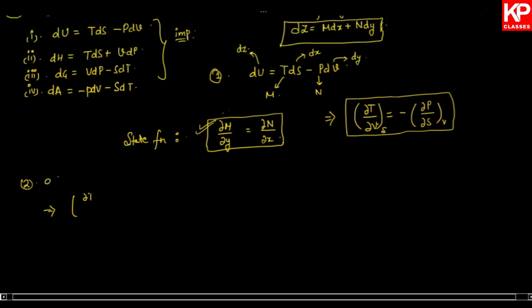All right, so dH is given by TdS plus VdP.